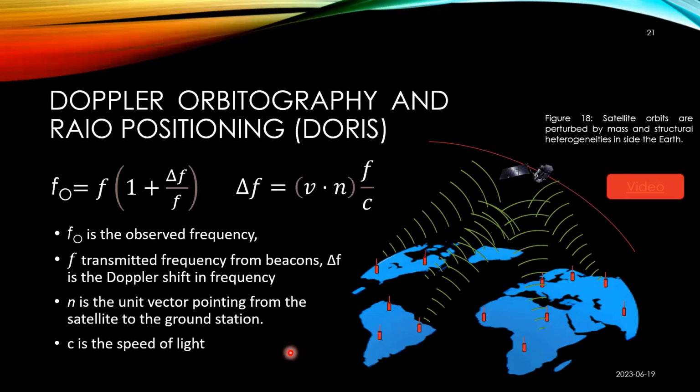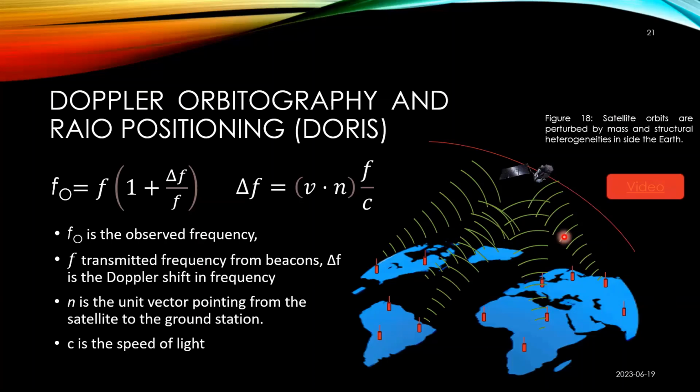But in the DORIS system, it is a little bit different because the source is constant on the ground, on the Earth. You see these antennas down on the ground; these are constant, they are not moving, but it's the satellite which is moving. When it is closer to the beacons, the frequencies are increasing, and when it goes farther from them, they decrease.